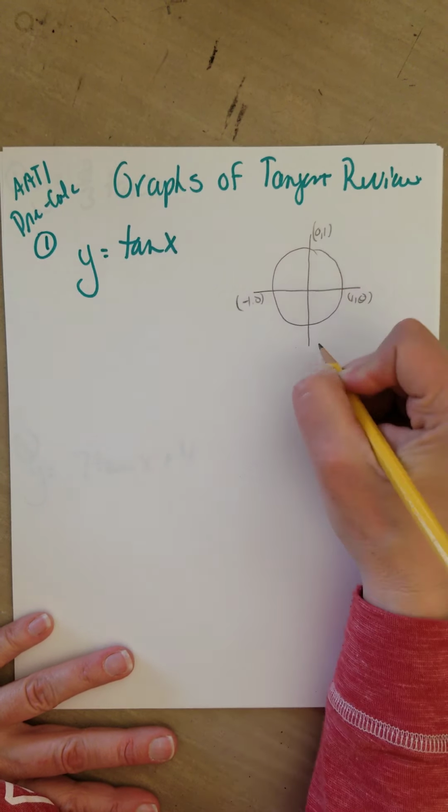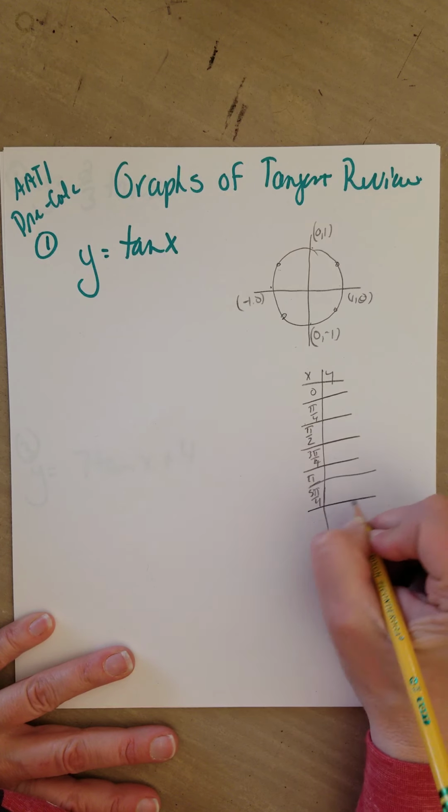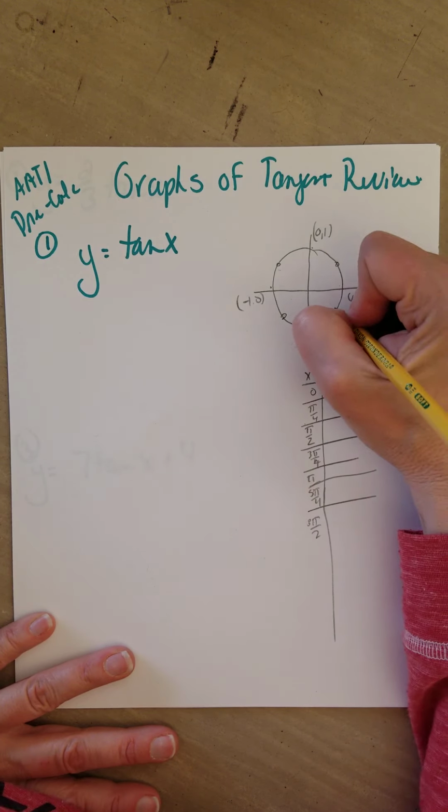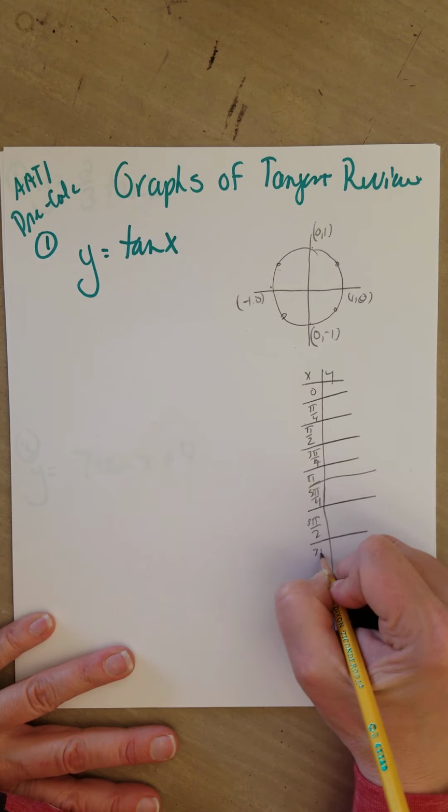This is pi over 4 right there, and then we go to pi over 2. Here, this is 3 pi over 4, and we go to pi right there. This is 5 pi over 4, and down here it's 3 pi over 2, and right here that's 7 pi over 4, and then we go all the way around, that's 2 pi.